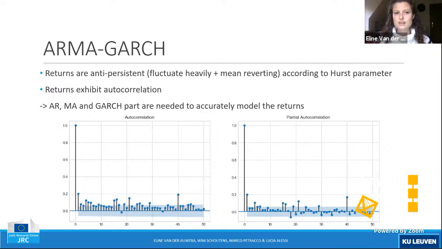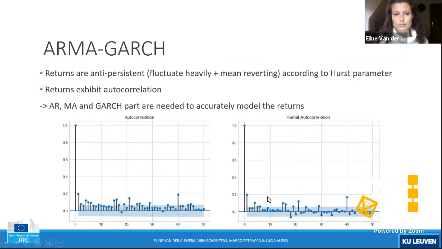So the best fitting model that takes into account all of these characteristics is an ARMA-GARCH model, where we need all of the 3 parts. The autoregressive part is depicted here on the graphs below. We need this part because, as you can see, there is some autocorrelation in the log returns of Bitcoin.